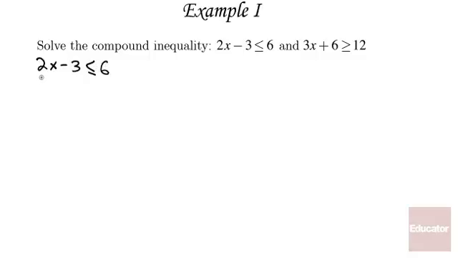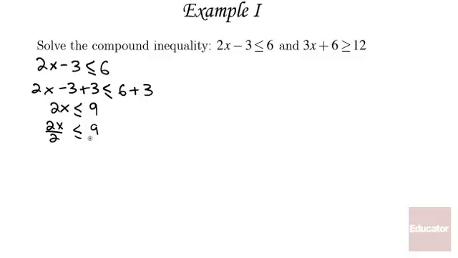I use my regular techniques. Here I'm going to add 3 to both sides. That's going to give me 2x is less than or equal to 9. Dividing both sides by 2, that gives me x is less than or equal to 9 halves, which is also the same as saying x is less than or equal to 4 1/2.